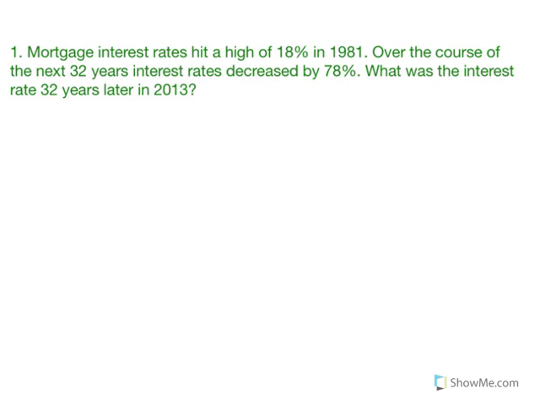So number 1 is a lot like the number 8 we just completed. The mortgage interest rates hit a high of 18% in 1981. Over the course of the next 32 years, interest rates decreased by 78%. So my relative change is going to be a negative 0.78. What is the interest rate in 2013?